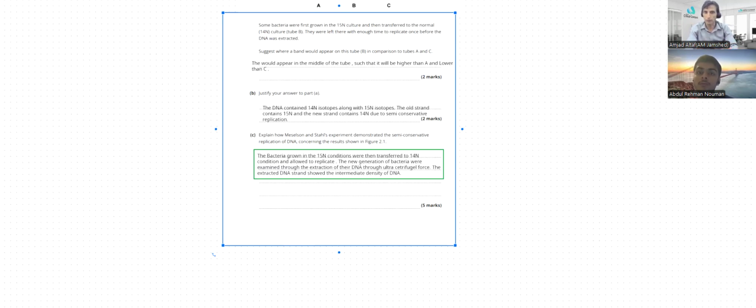Meselson and Stahl grew bacteria in N15 medium, which labeled the DNA with heavy nitrogen. This produced a single heavy band, that's tube A, which you have already talked about.